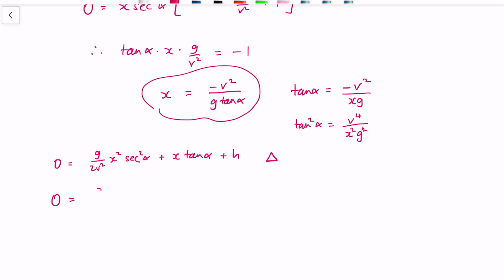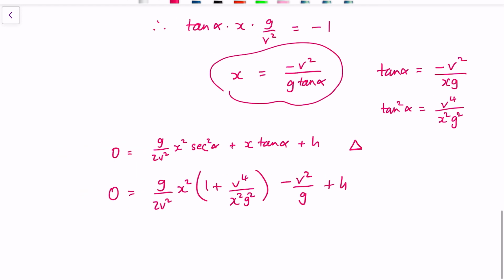So 0 equals g over 2v squared x squared multiplied by 1 plus tan squared, which is this, plus x lots of tan alpha. Well, x lots of tan alpha is just, if you look at the tan alpha equation, the x on the denominator will cancel, so we're left with minus v squared over g, plus h.